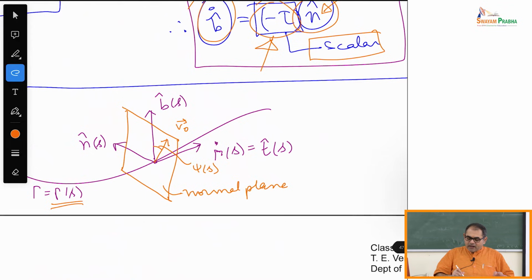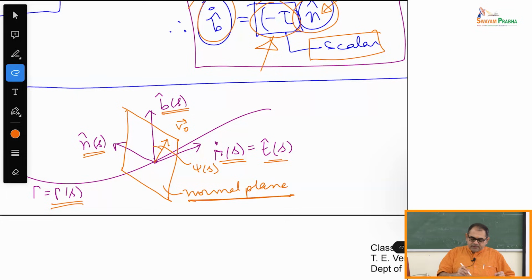So gamma dot is your t cap, and mind you, gamma dot has length 1 because it's unit speed, so t cap is already a unit vector. Then you have this n cap, the principal normal, and then you have b cap, which completes the right-handed triad, so b cap is just t cap cross n cap. Now there is this plane that I have marked in orange, which is the normal plane.